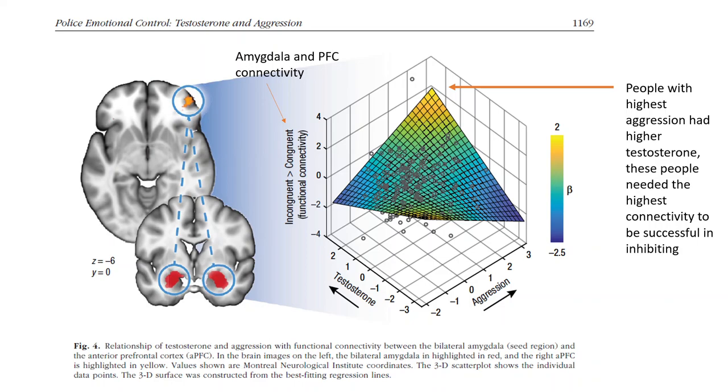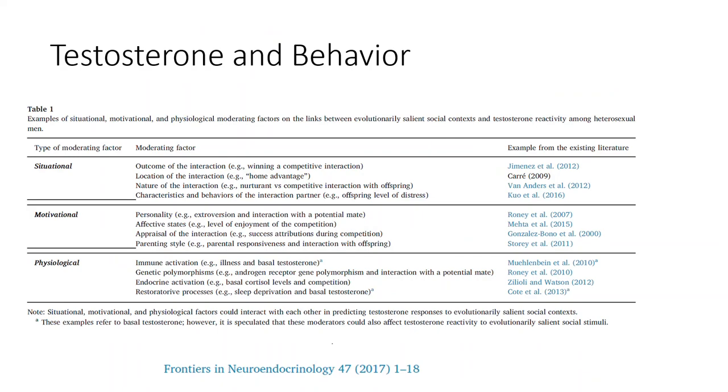You could say that to be naturally aggressive might be a good trait for a policeman. But at the same time, you want that policeman to be able to control it. And to control it, you need the PFC connectivity to the amygdala. I got it.